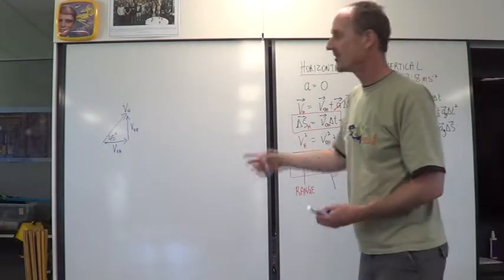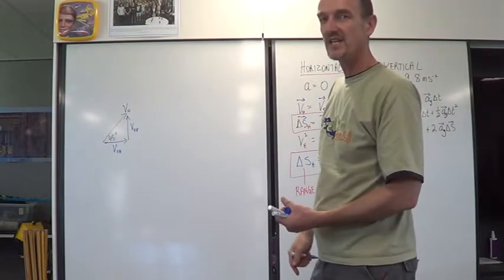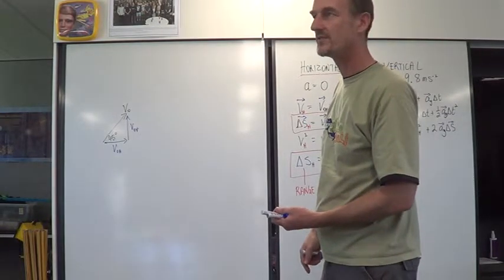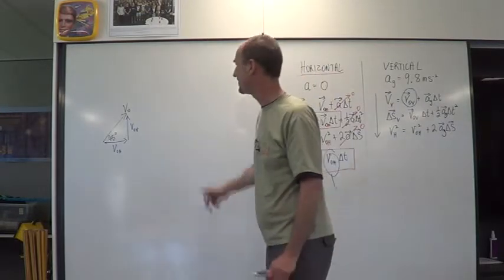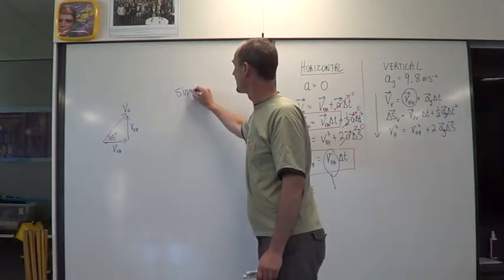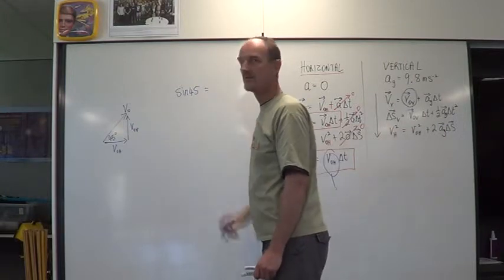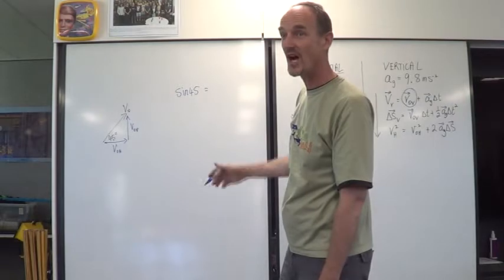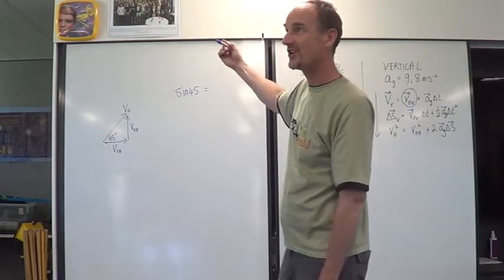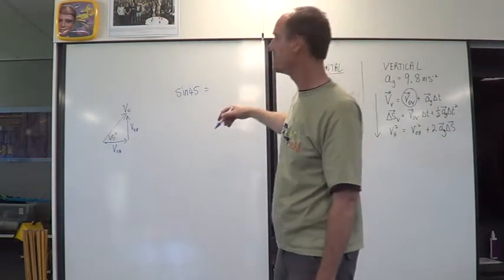All right? So we need a little bit of trigonometry here to help work out what the two components are. So just a little bit of revision here. So remember, sine of an angle is equal to, SOHCAHTOA, and remember that. Sine equals opposite over hypotenuse.